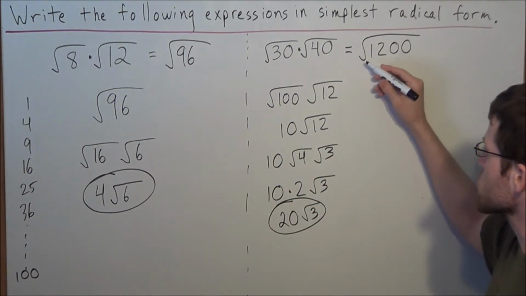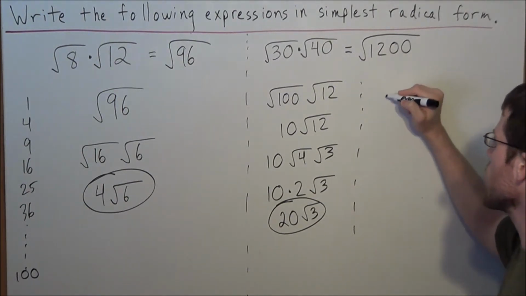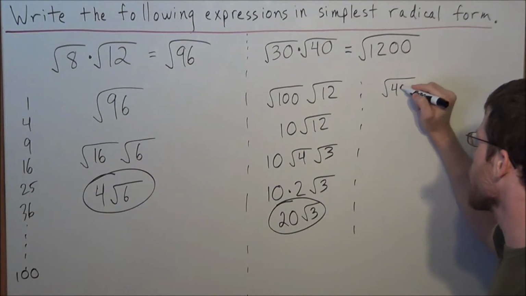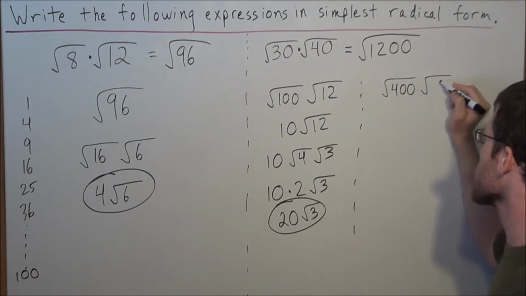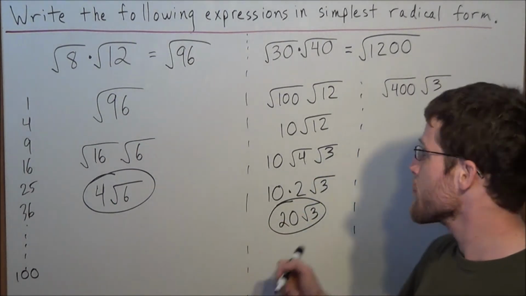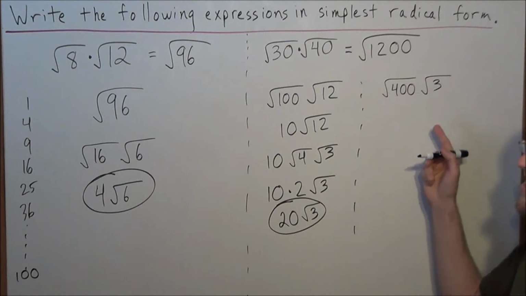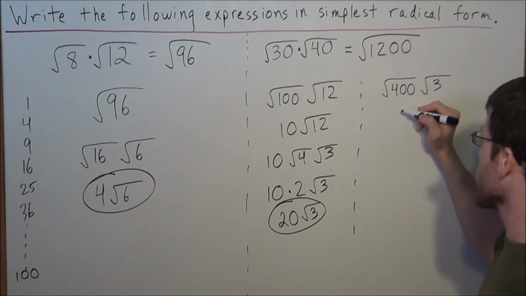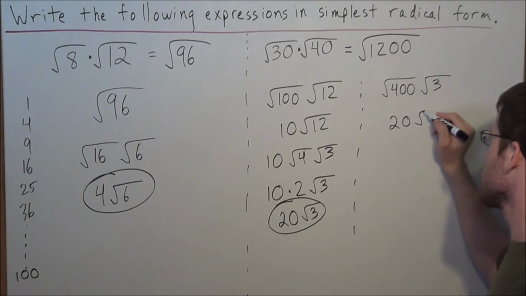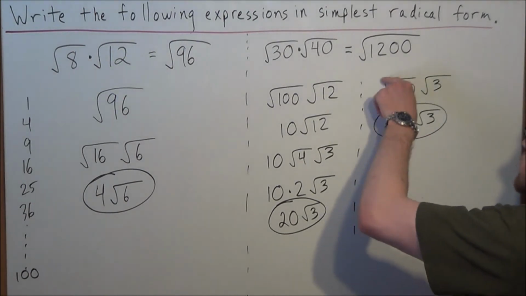So another way we could solve this is to call radical 1200 radical 400 times radical 3. Once again, we're writing our perfect square factor, 400, times 3. But now this simplifies. The square root of 400 is 20. And look how quickly we're finished. It's over in 2 steps.